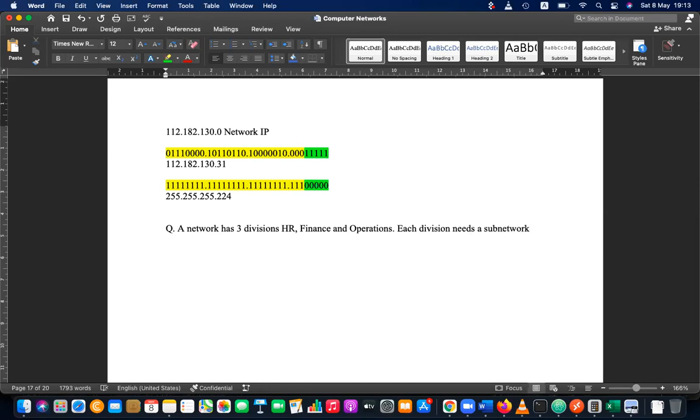The IP address of computer X in HR division is 192.168.3.45.